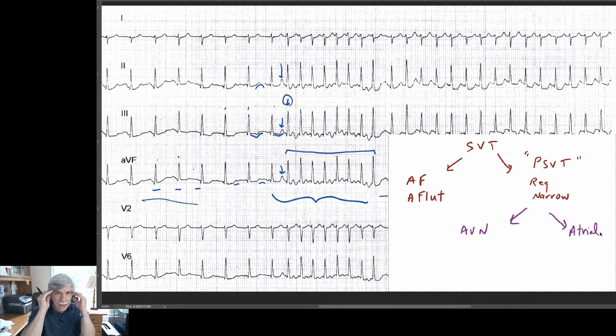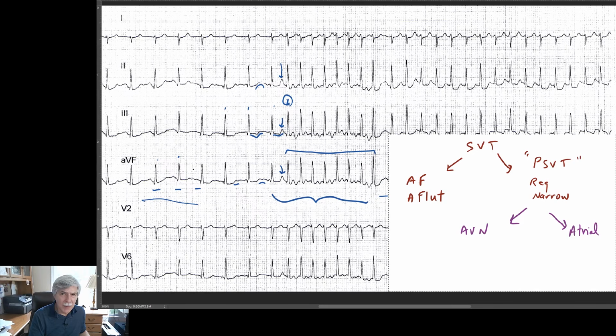All right, now this is a concept that a lot of people don't get when they're just starting. So you have to figure out, is the AV node part of the circuit? Is the AV node part of the reason why the patient has tachycardia in the first place?